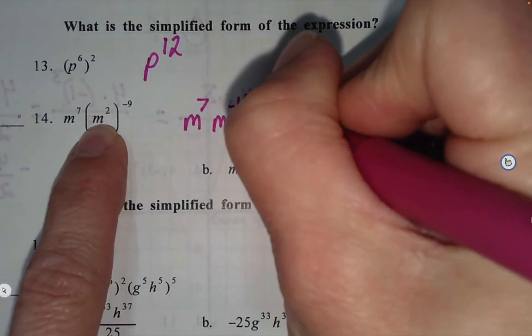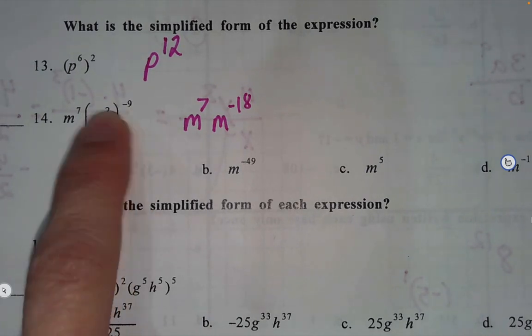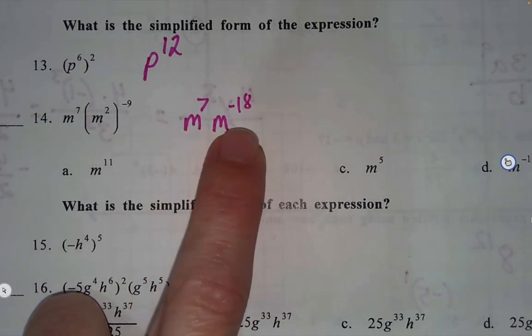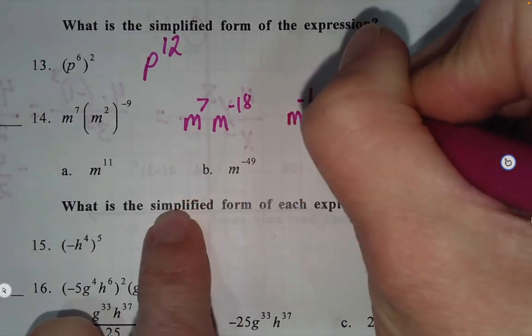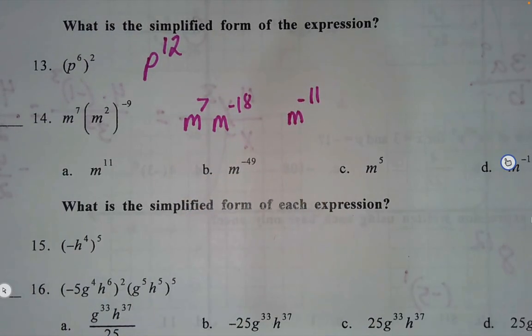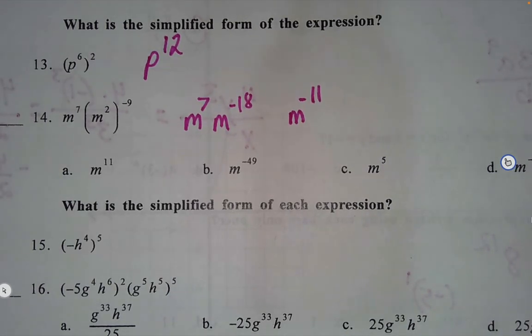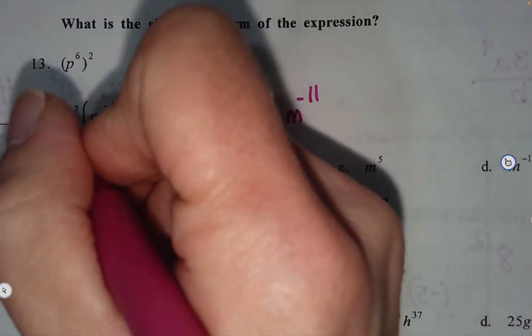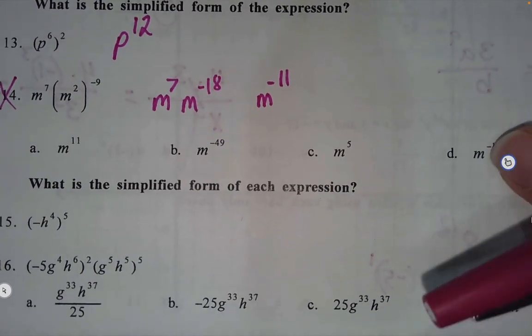Negative 18. Is everybody good with my first step? First you multiply. Then what am I going to do with these 2 numbers? Add them. But it becomes what? Negative 11. I don't like having a negative exponent, so I might not put that one on there. I need to check that one.